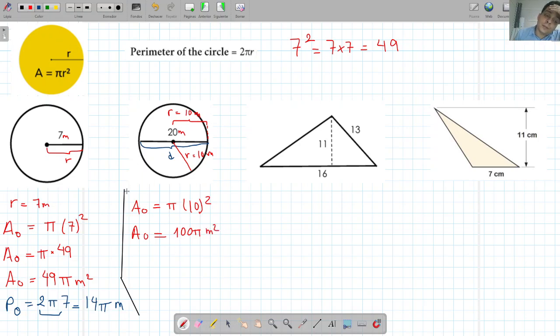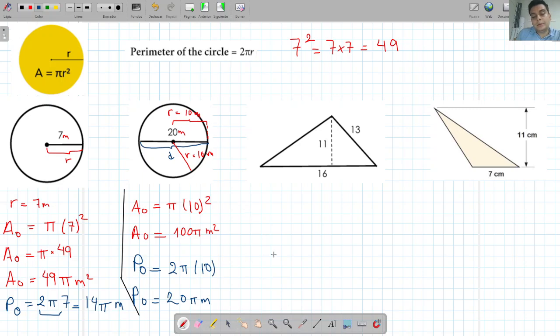Now if we go for the perimeter, it's the same situation as before. We got 2 times pi times 10. The perimeter is going to be 20 pi meters, and we are done.